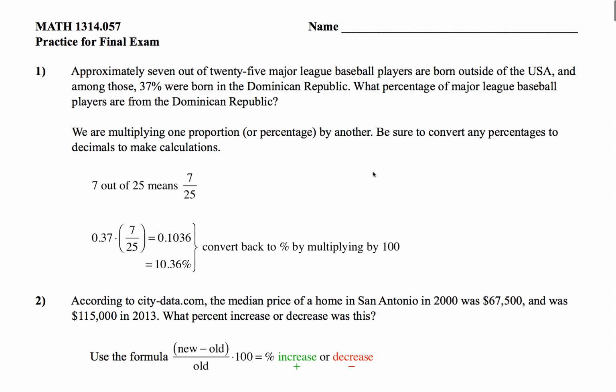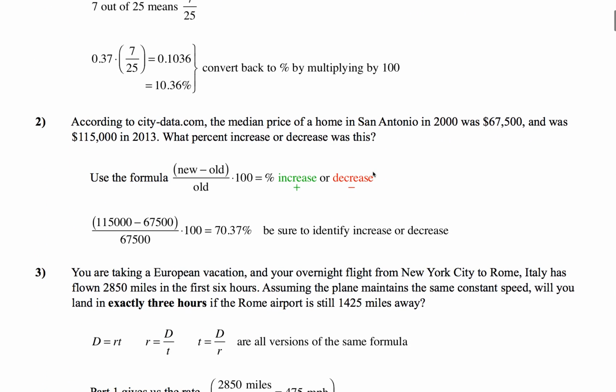All right, now in the second question, this is going to deal with the percent increase or decrease from an old value to a new value. And we'll use the formula in this question: new minus old, the new value minus the old value in the numerator, divided by the old value.